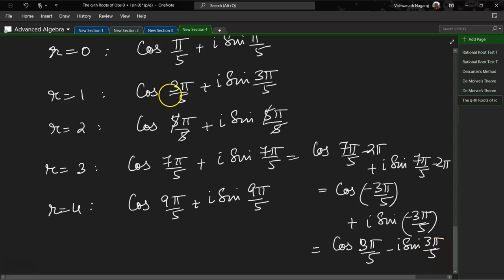So we have cos 3 pi by 5 plus I sin 3 pi by 5, and we have minus. So these two are plus or minus conjugates.